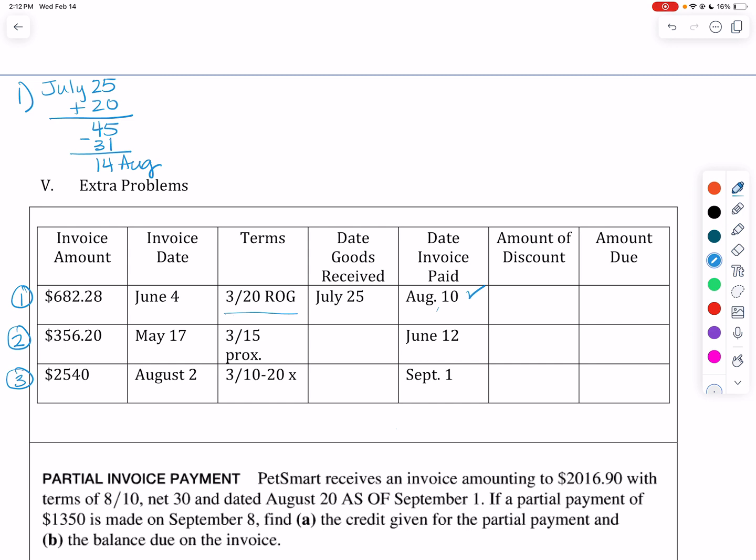So we will have a 3% discount of the invoice amount. 0.03 times $682.28 is equal to $20.47, and that goes in the first blank.